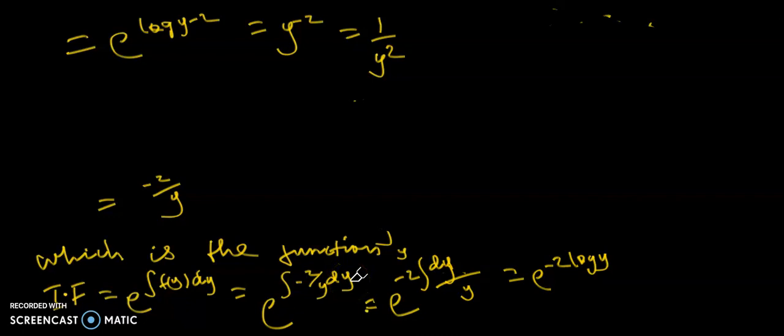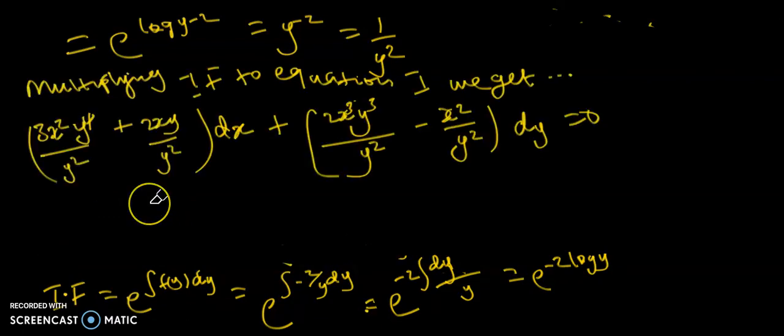So now we need to multiply the integrating factor to equation 1. If we multiply both of them, this is what we get, and we can say this is y power 4, so we can cancel this so that we have y power 2 remaining. Cancel this, here we have 1 remaining. Do the same this side, we simply have this. 1 will remain.